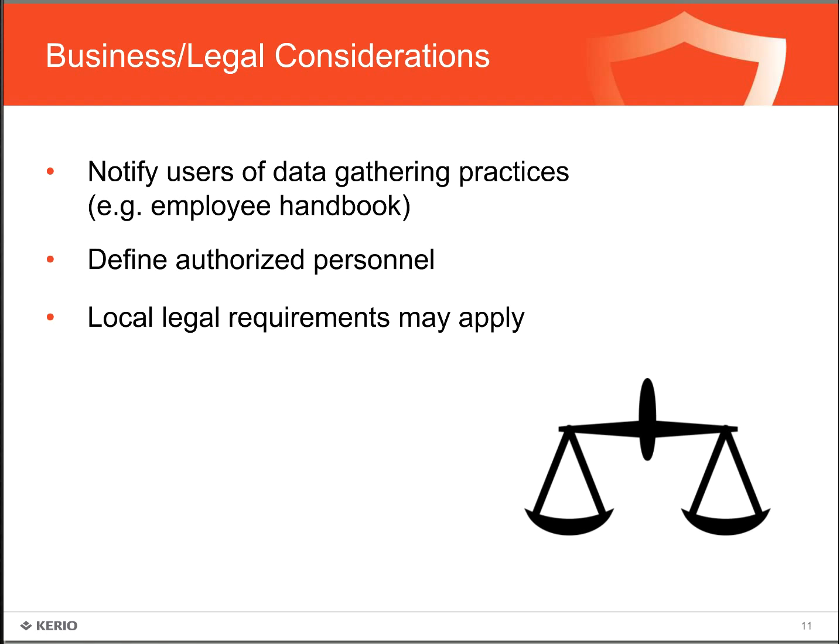Usually you find in these handbooks, for example, your email address, who your manager is, where you can find the next Starbucks coffee, but you can also include a notification that people are aware they are monitored, not specifically per person, but that in general the network is monitored and data will be gathered.